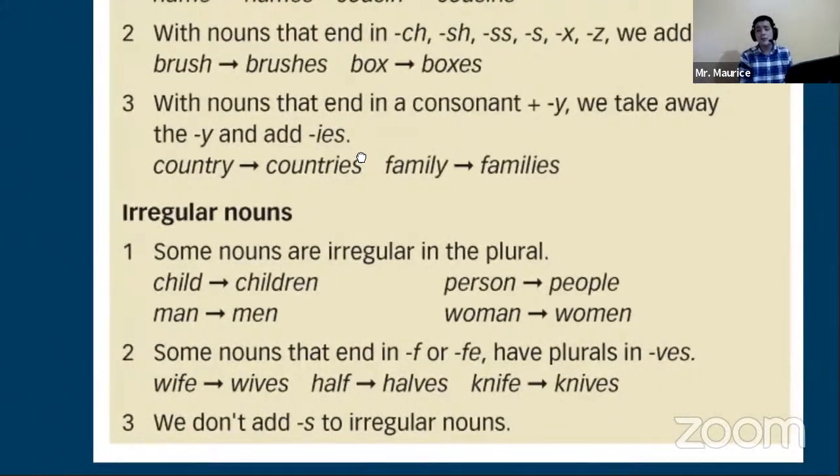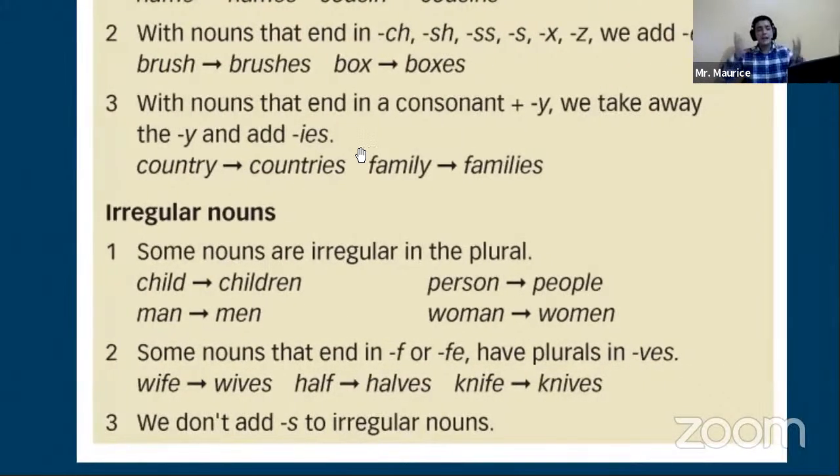Then we have the irregular. Remember, the irregular has no rules. Child, children, man, men, person, people, woman, women. In the irregular nouns, we have another kind of rule.